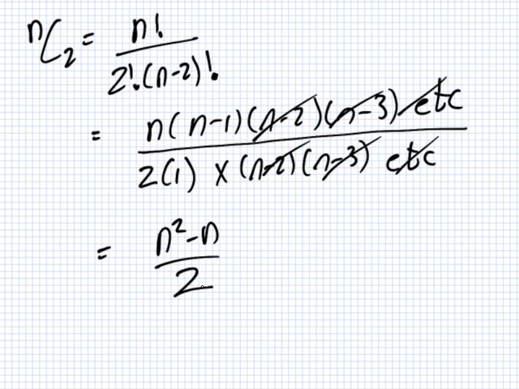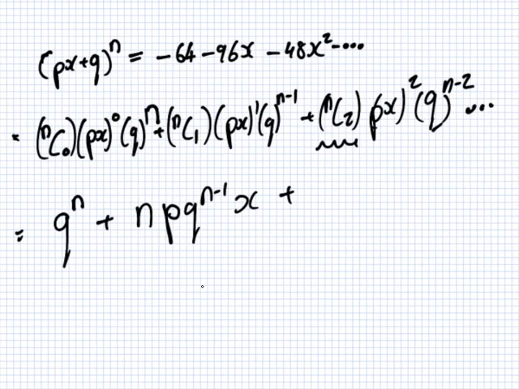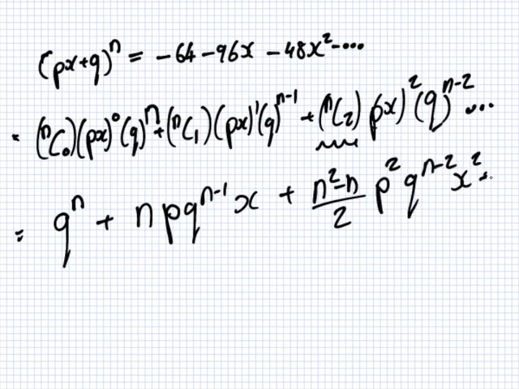Okay, so now going back to the question. So this is n squared minus n over 2 times p^2 q^(n-2) x^2, dot dot dot.